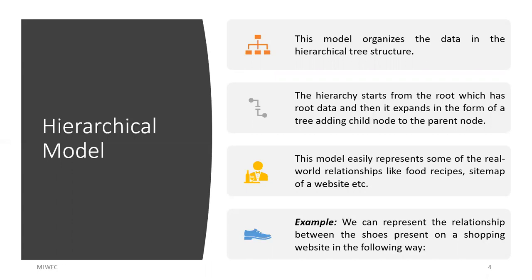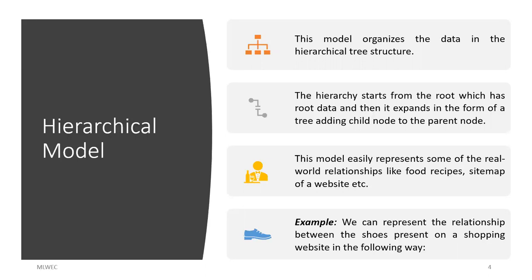It starts from the root node, which has the root data, and it expands from the root node by adding child nodes to the parent node. This model is also easy for representing some real-world relationships like food recipes, site maps of websites, etc. So here I took a simple example from a shoe organization.